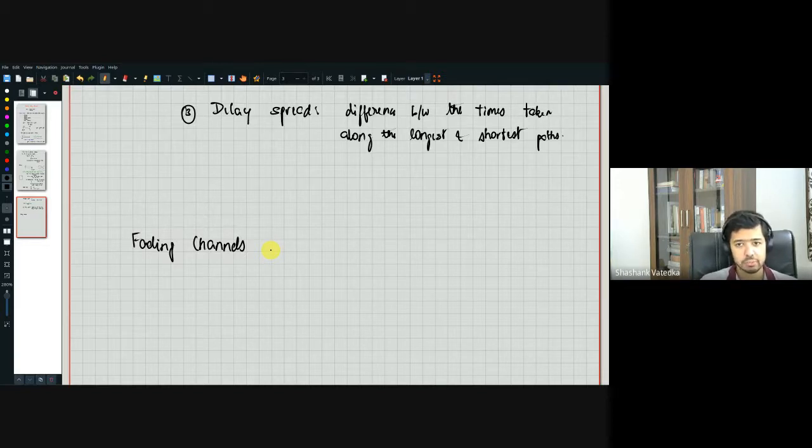So note that the delay spread is how long it takes for the signal to propagate along the longest path versus the shortest path, right?